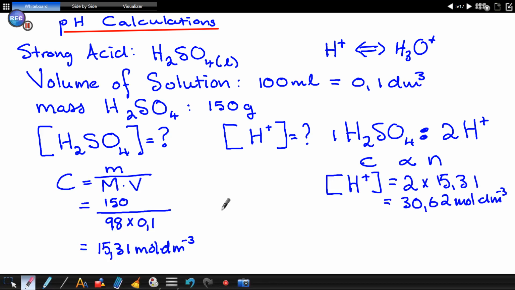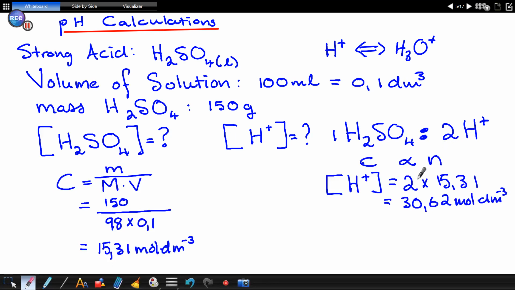If I've got the concentration, I don't have to calculate the moles because I know concentration is directly proportional to moles. So if I've got the concentration of the sulfuric acid, I can calculate the concentration of the hydrogen ions by multiplying by 2 because the ratio between the mole acid and the mole hydrogen ion is 1 to 2.